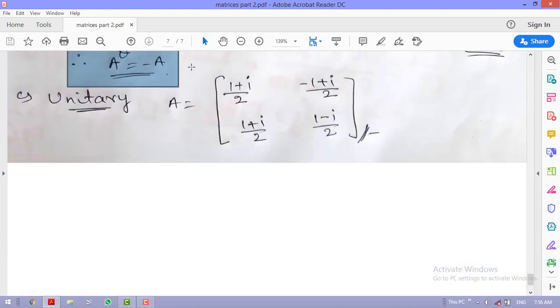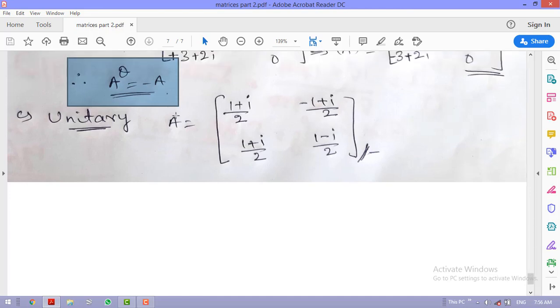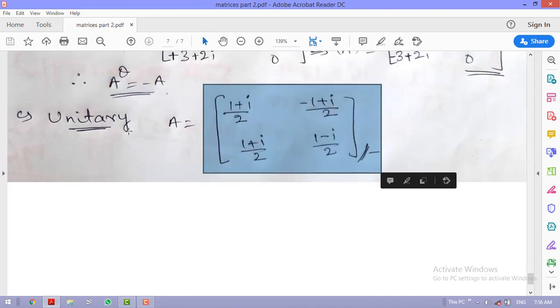Like I said, it is a 2 by 2 matrix, so you just have to swap a and d and change the signs of b and c. That resultant will be a matrix, which obviously will be equal to A power theta if the condition is satisfied. Then this matrix is a unitary matrix. If not, then it is not a unitary matrix.